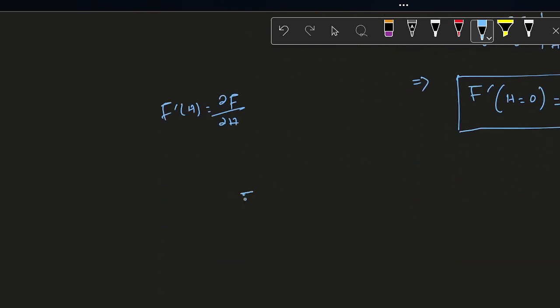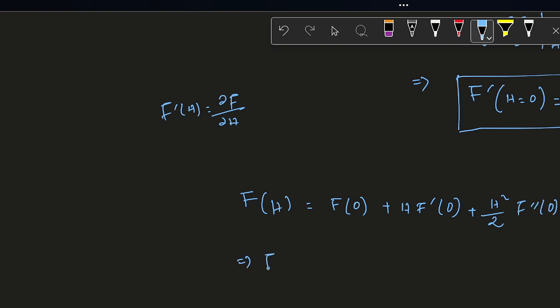So now we can also further simplify it, because f h equal to f0 plus h f prime 0 plus h squared by 2 f double prime 0, and other terms are neglected. So take one derivative with respect to h on the left hand side, which makes it f prime h. And because f0 is a constant term of free energy at h equal to 0, the derivative makes it 0. The first derivative makes it f prime 0, which is constant.